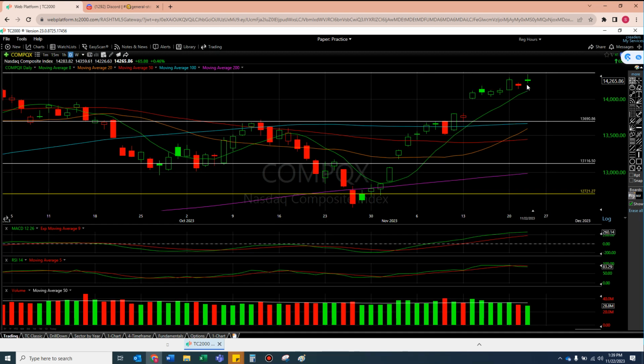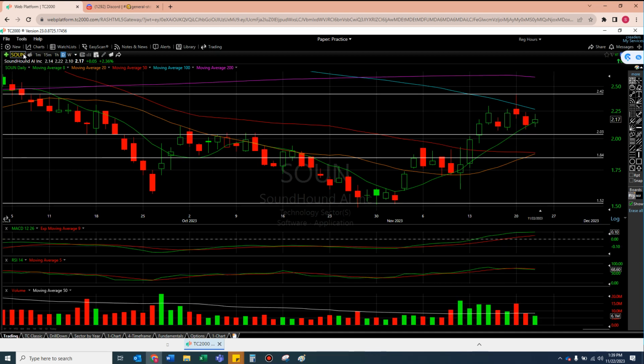Oh, I'm not gonna lie, I was not ready. I did not know what NASDAQ looked like. Interesting. And this actually validates SOUNDHOUND way more. No, it doesn't, because this one is bad. I remember saying it and it didn't. That's why I went, okay.